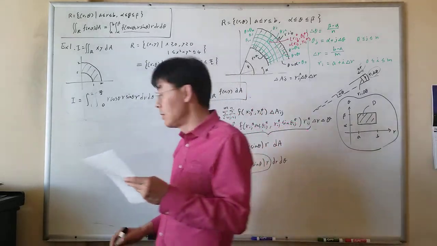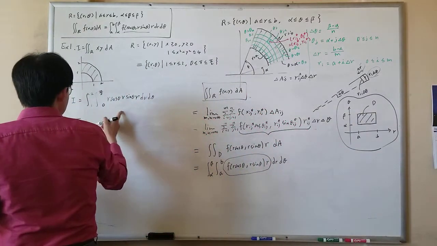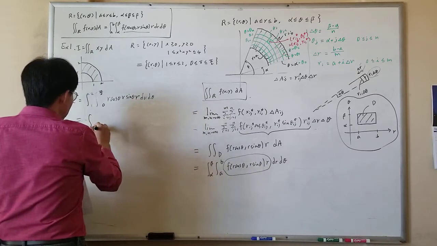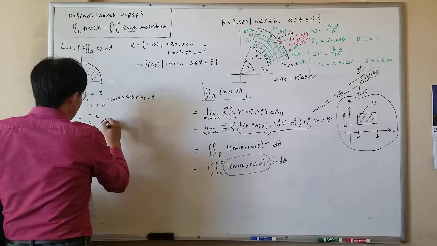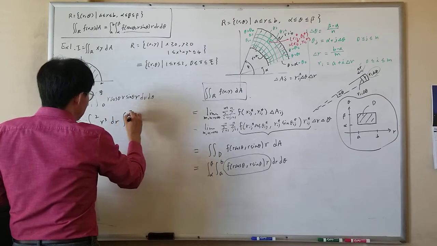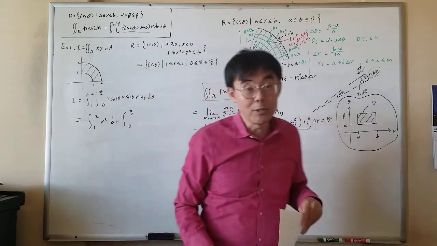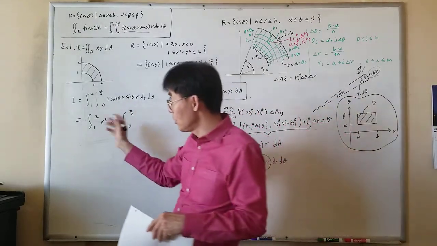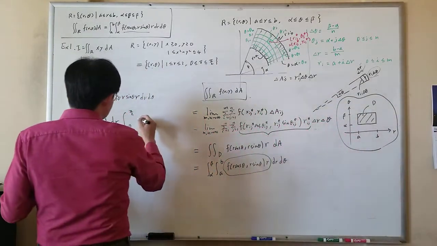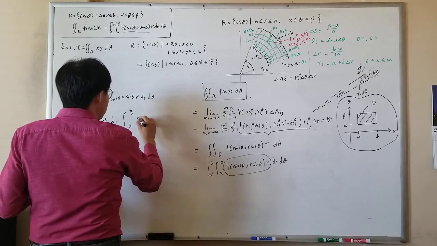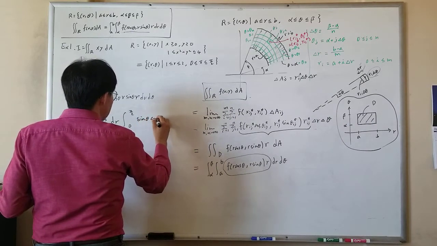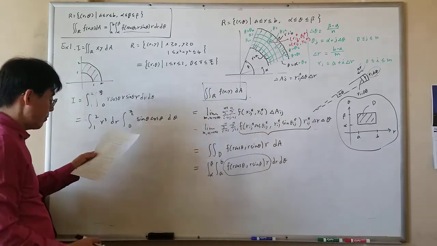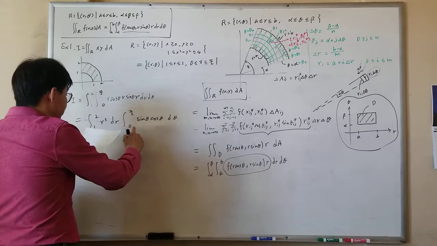Okay? So you have, now this is a separable, right, in double integral. So you can do separated r cubed dr. Remember in 12.2? In iterated integral, if your function is separable, you can actually separate your integral like this. Sine theta. And this one is easy.